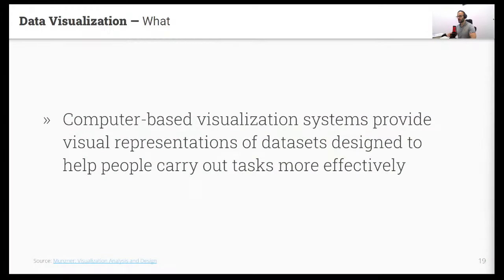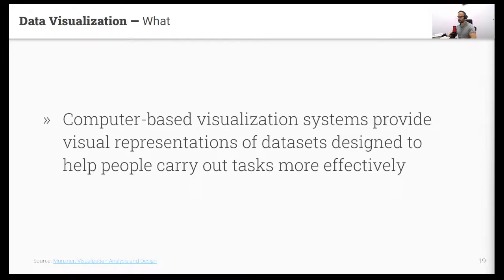So defining data visualization, we can use this one you see in front of you, because there are many out there. For this specific webinar, we will use the one that states computer-based visualization systems that provide visual representations of data sets that are designed to help people carry out tasks more effectively.